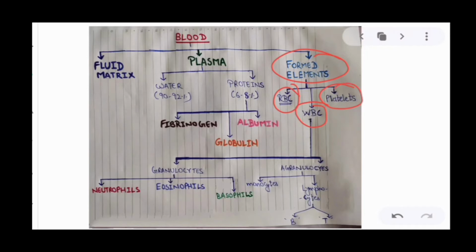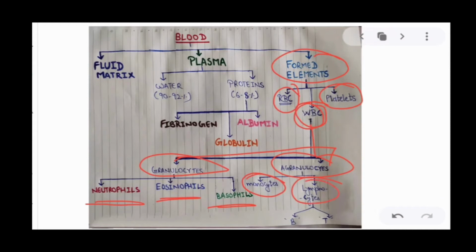The WBCs are divided into 2 divisions, the granulocytes and the agranulocytes. The granulocytes are the neutrophils, the eosinophils, and the basophils, whereas the agranulocytes are the monocytes and the lymphocytes, and these lymphocytes are also of the B type or the T type, which we will study deeply.